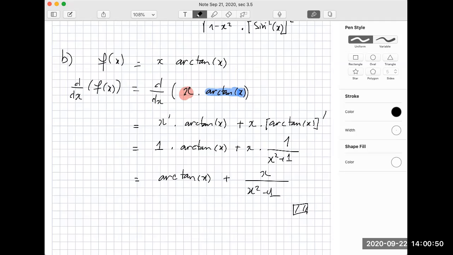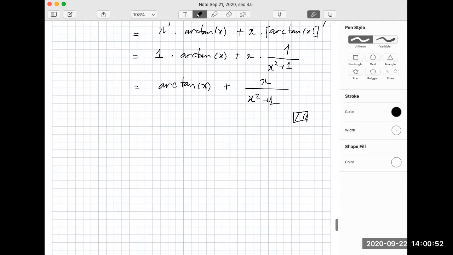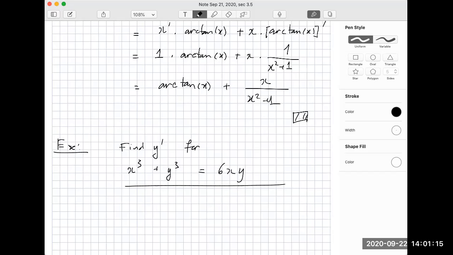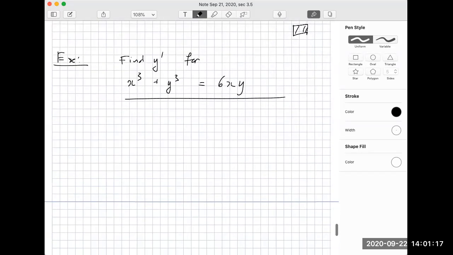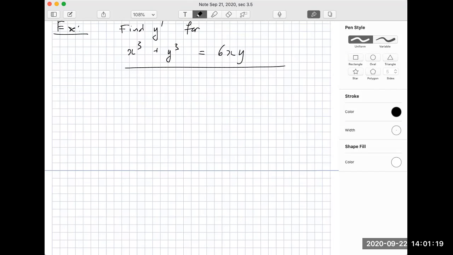Now, another example. Okay, we play a lot with inverse of a trig function. Let us go back to find y prime for x cubed plus y cubed is 6xy. Okay? Look at this.